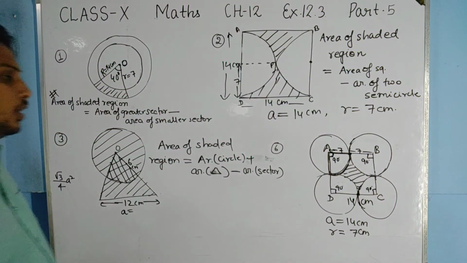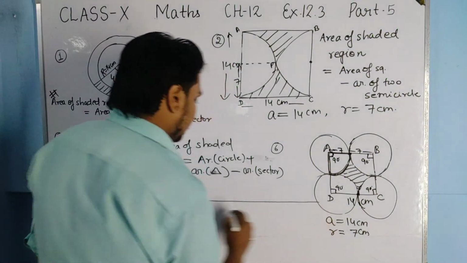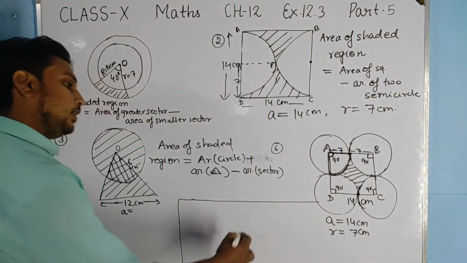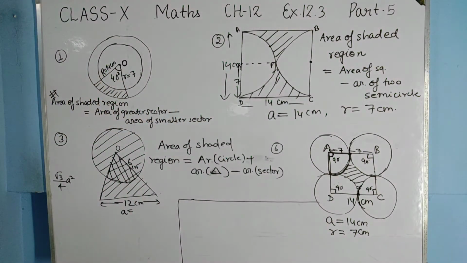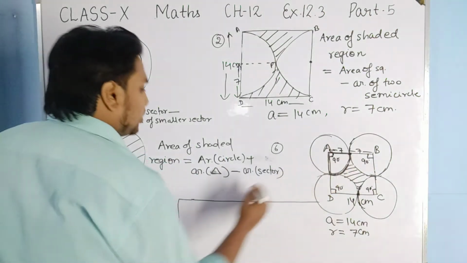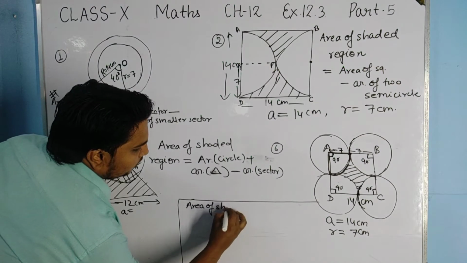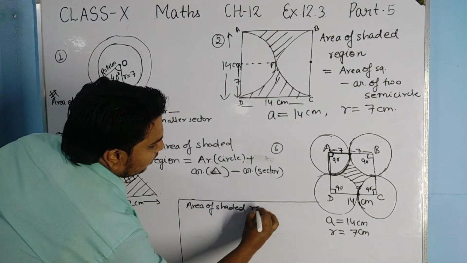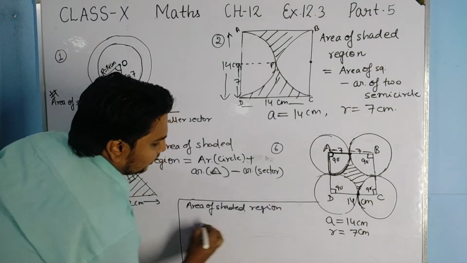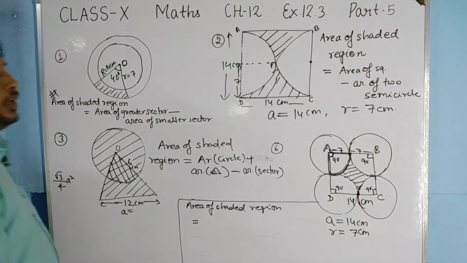So for this question I am writing here, if you want to find the area of the shaded region, how will you find it, students?